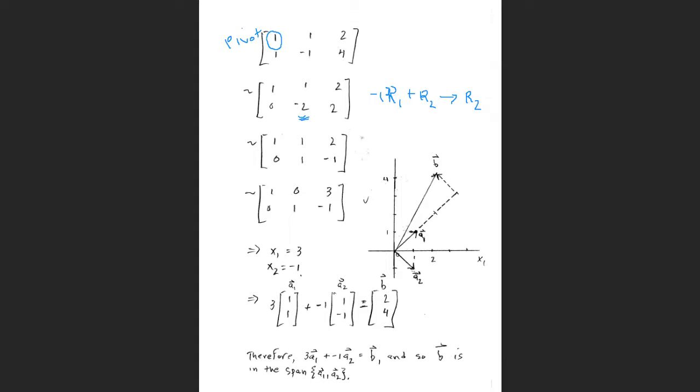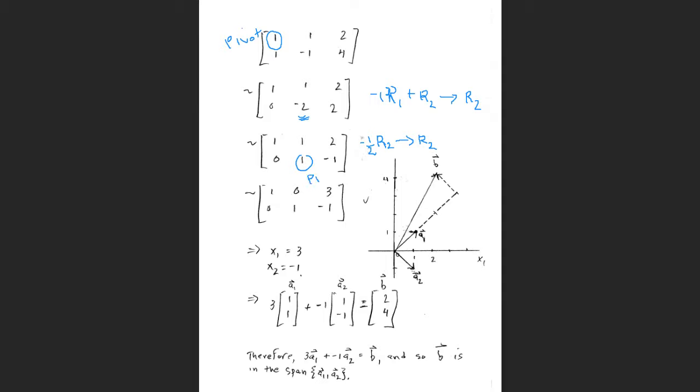We'd like it to be a +1. So we took -1/2 times the second row and put the result in the second row.